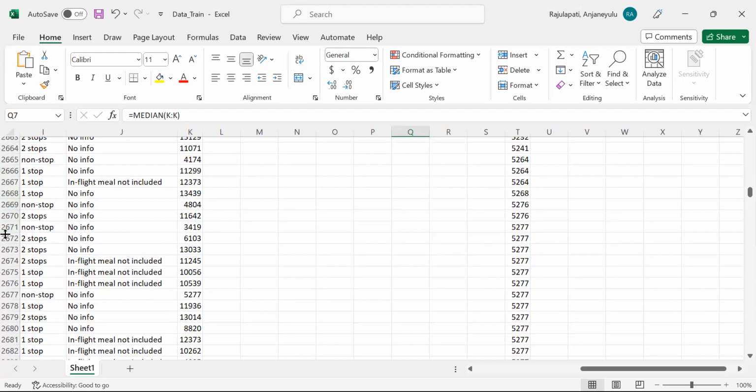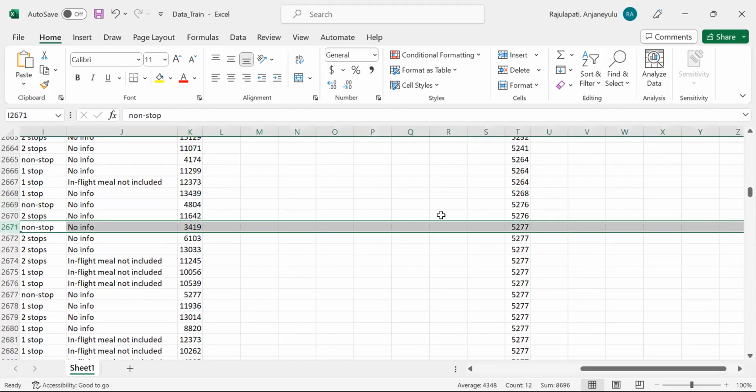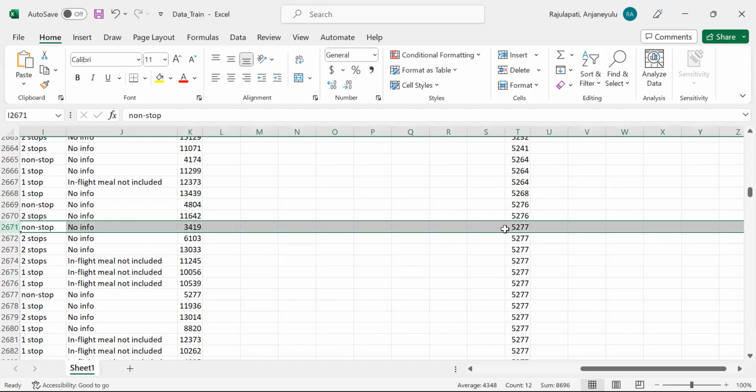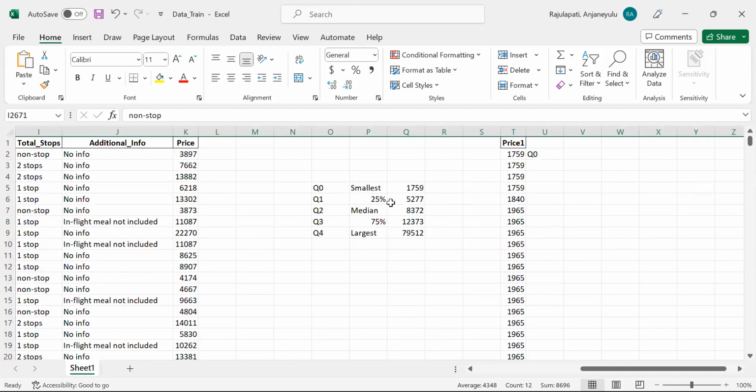You can clearly observe this position. What is the value we have? 5277, right? Is it 5277?